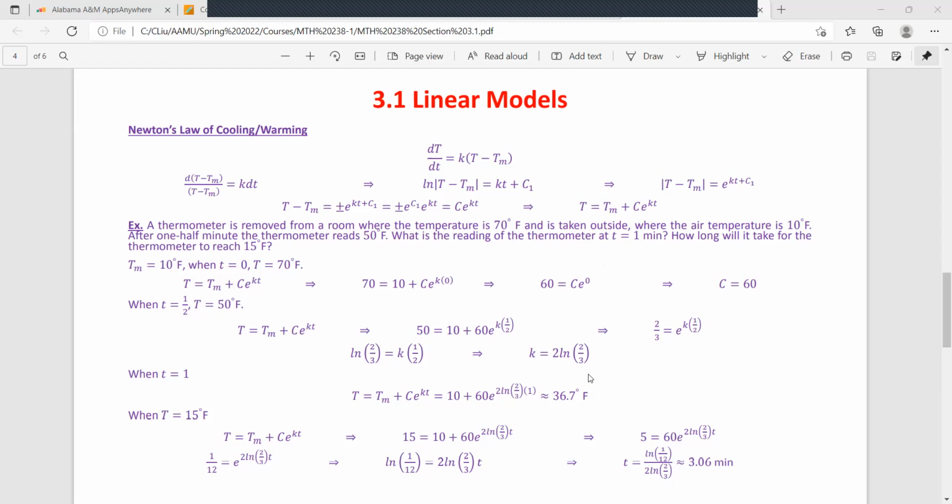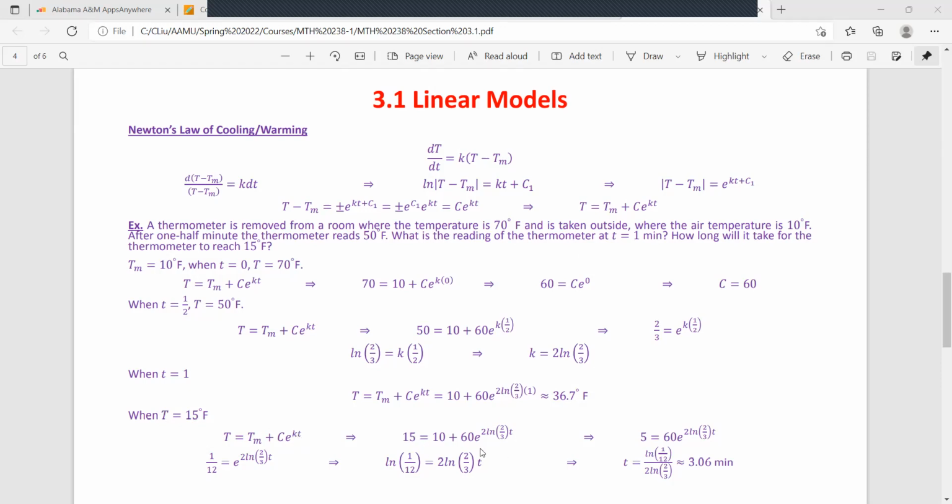The other question is, how long will it take for the thermometer to reach 15 degrees? So this time, we know the temperature is 15, we want to find the time. But once again, you just plug in those numbers. So capital T is 15, capital Tm is 10, C is 60, k is 2 times natural log of 2/3, and we want to solve for t from this equation.